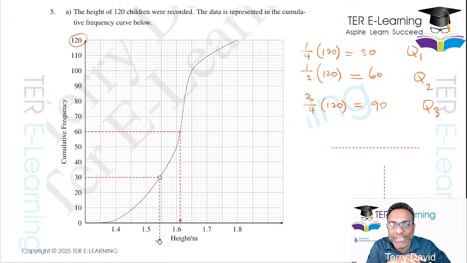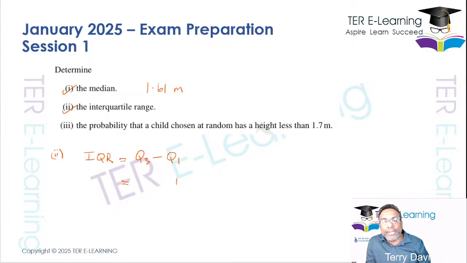It's kind of in between. So I will take my lower quartile as 1.545. So my Q1 is 1.545.